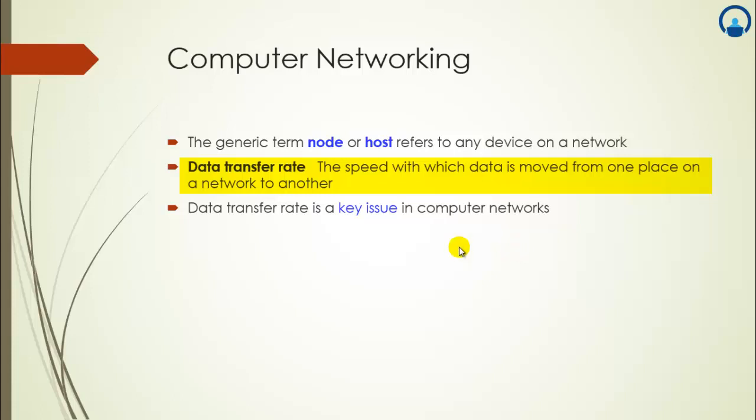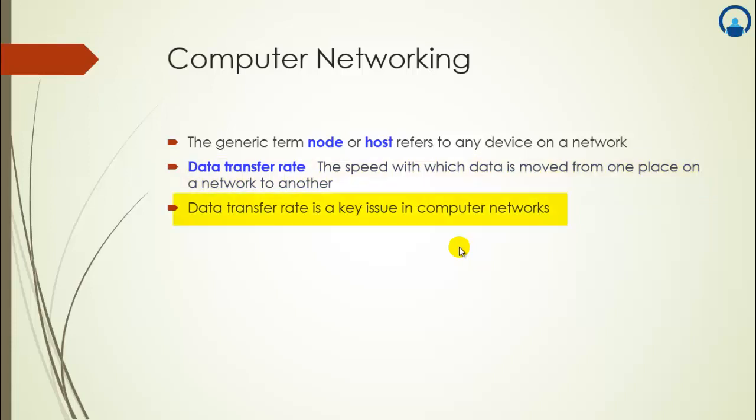Data transfer rate is a very key issue in computer networks. Why? Because you must have observed that suppose you have taken a subscription plan of 1 GB for 250 rupees from something like Vodafone, and the moment your data usage reaches 80 to 90%, you get a warning message.